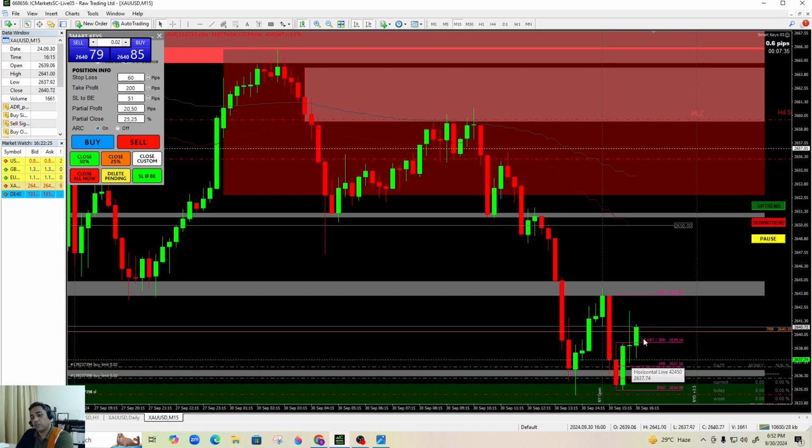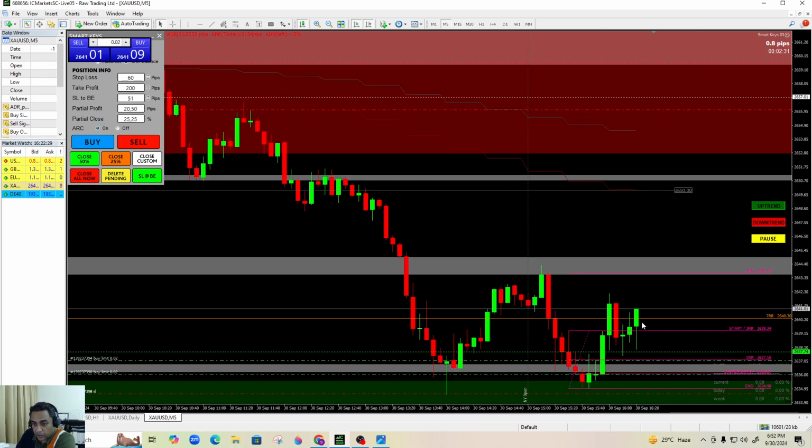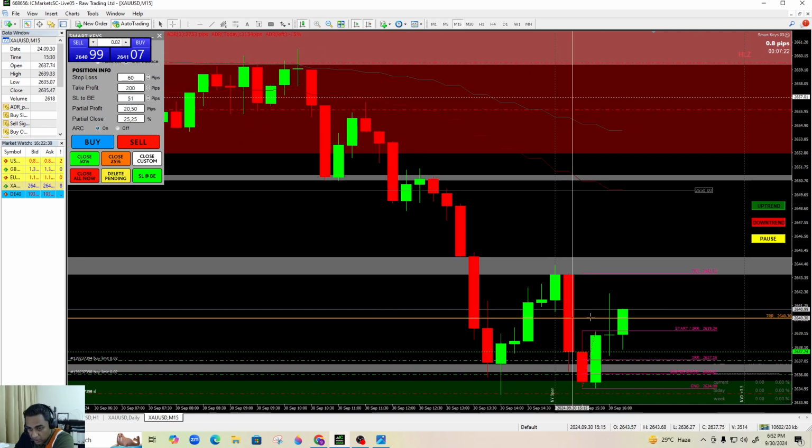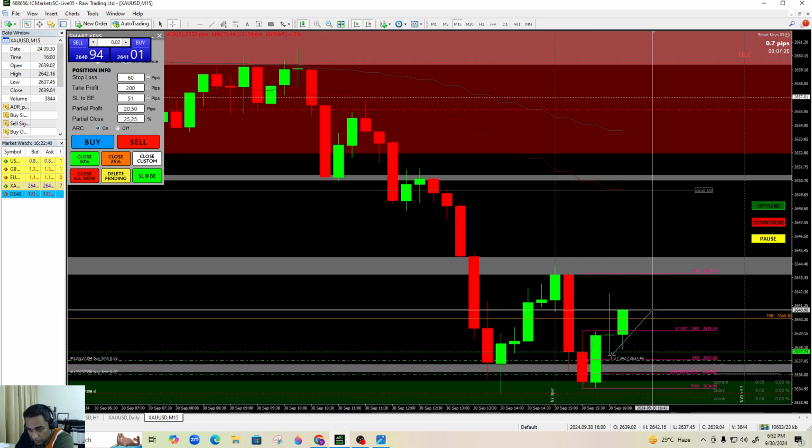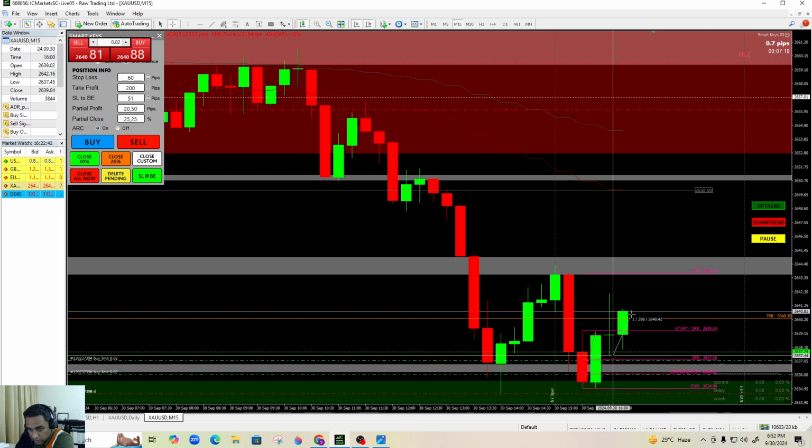We're respecting this low, we're continuing higher. As soon as the candle closes here, the next one is going to pop up and go straight up. There is a chance to take a trade here with a stop 30 pips under that.